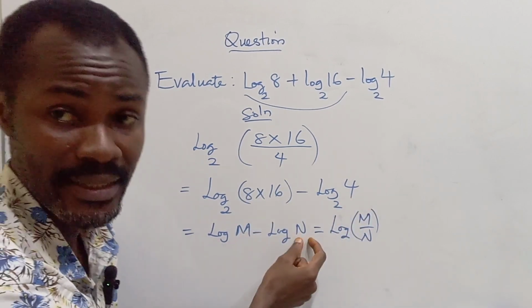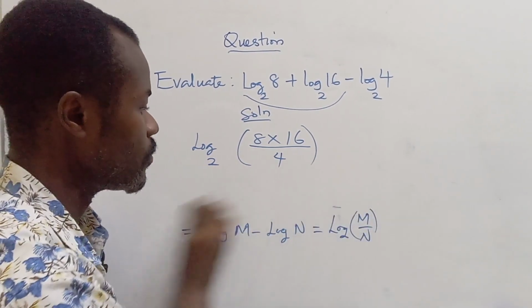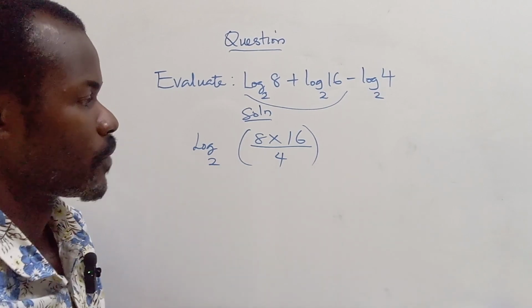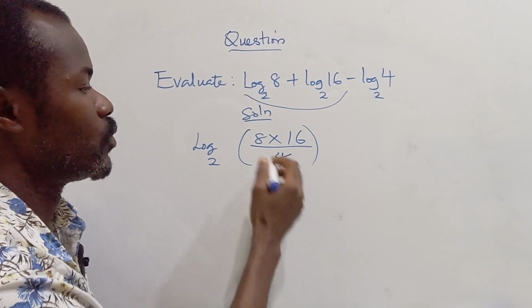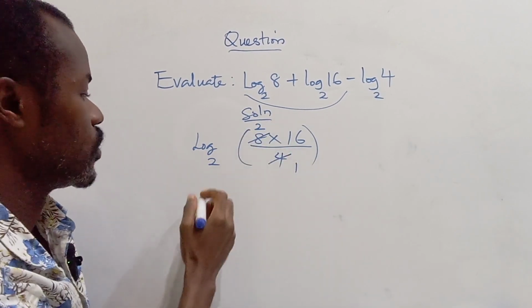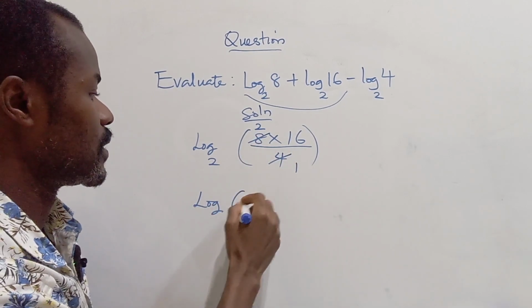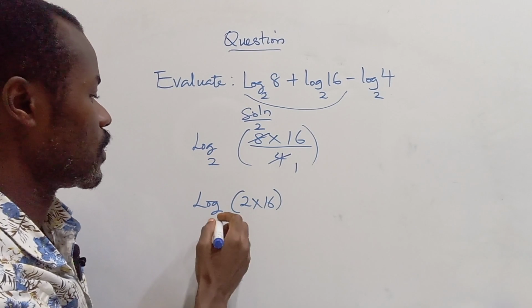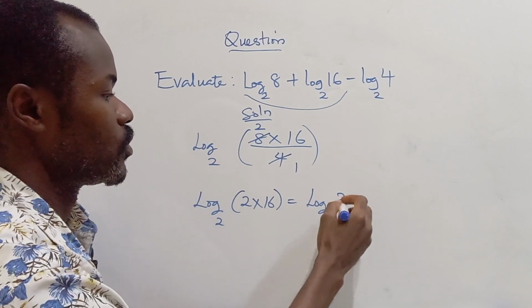Let's see, is there anything that can cancel out? Yes. 4 into this is 1, 4 into this is 2. So we have it as log of 2 times 16, so that will give us log of 2 times 16, which is 32.